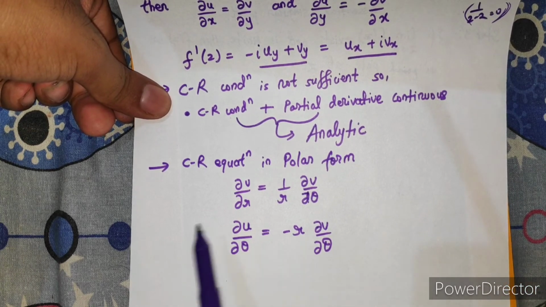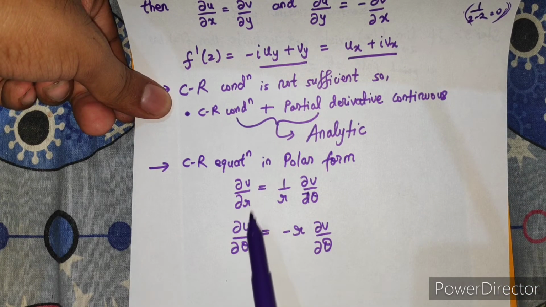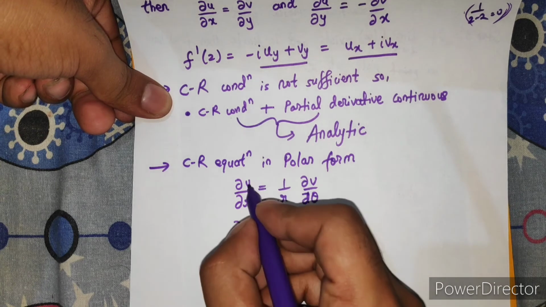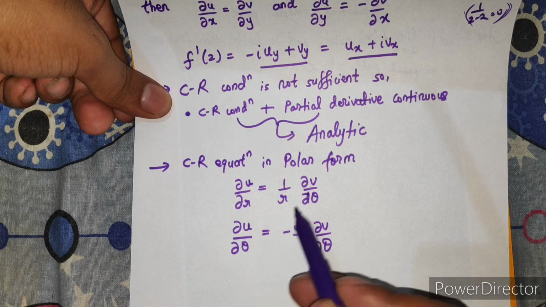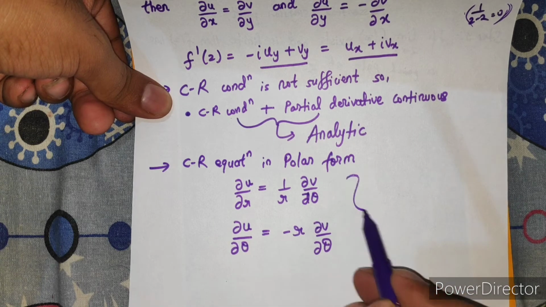Okay, so the CR equation in polar form is this: du with respect to dr, this is u, not v. Partial derivative du by dr should be equal to this.